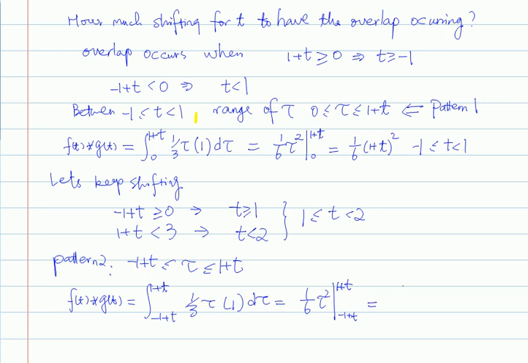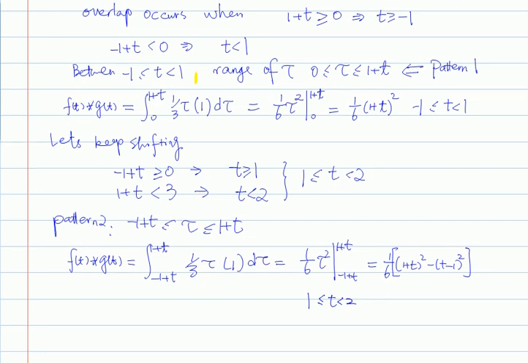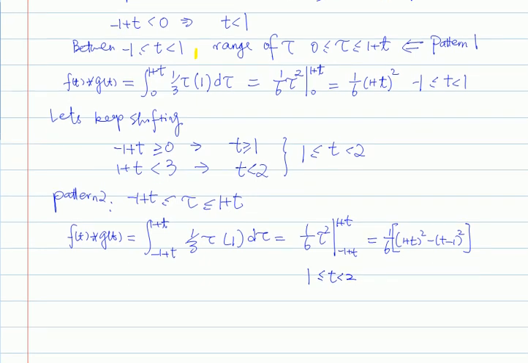So you put in these limits, and what I got is (1 plus t) to the power of 2 minus (t minus 1) to the power of 2. You can do the simplification on your own, and that will be fine. So that's pattern number 2. And don't forget, you shift your t by this much here. This is how you get the convolution for pattern number 2.